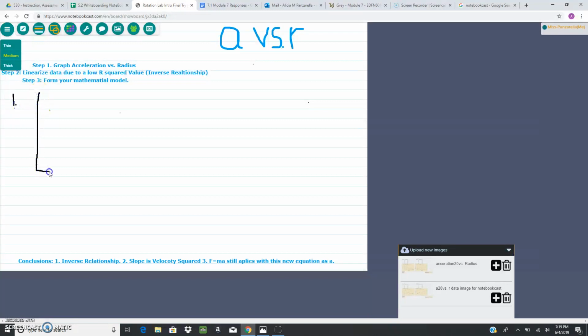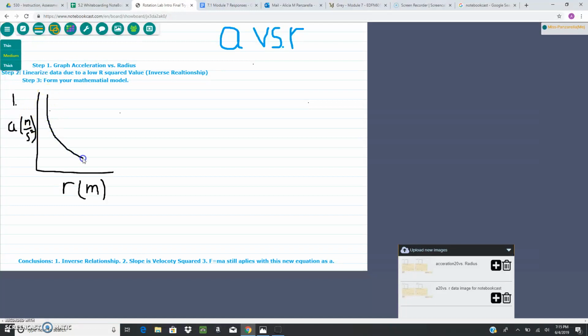And I saw that here's my graph. My radius is on that x-axis. Let's not forget my units of meters. Then we have our acceleration on the y with meters per second squared. Let's make sure I get that in there.